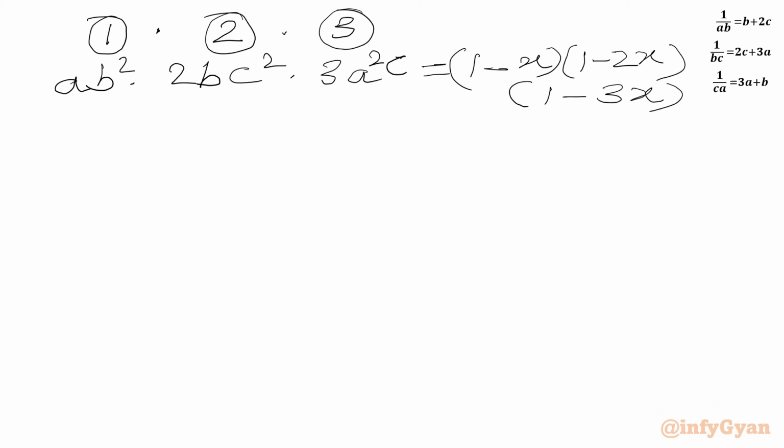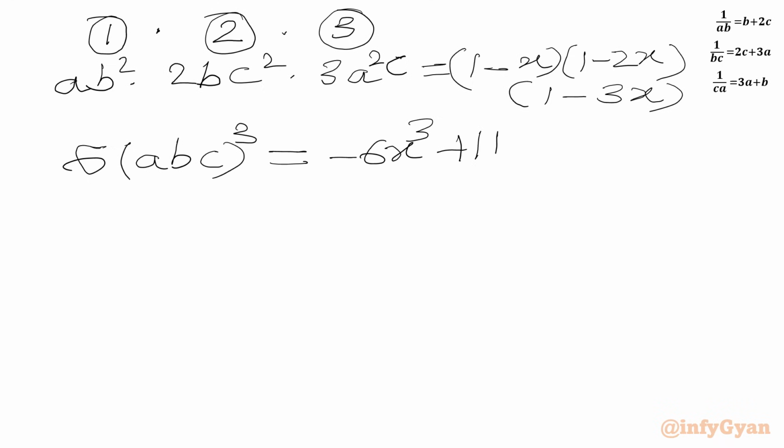Now in LHS, we will get 1 times 2 times 3, which is 6. Then a cube, b cube, c cube, which we can write abc whole cube. In RHS, once we multiply all the three brackets, we are going to get minus 6x cube plus 11x square minus 6x plus 1.